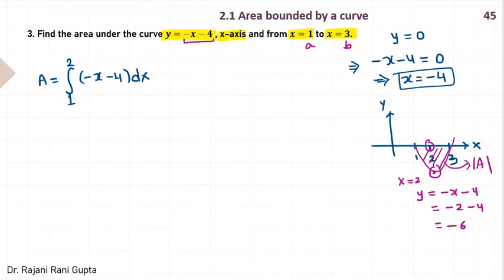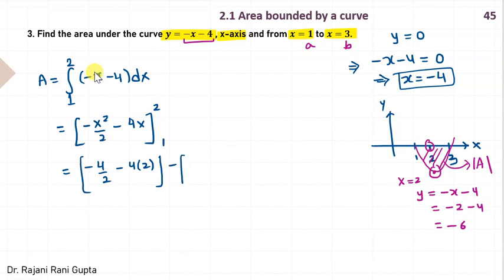Okay, so let's solve this. So this gives you minus x square over 2 minus 4x from 1 to 2. Okay, means your area will be, substituting the value, minus 4 over 2 minus 4 into 2, and then minus of minus half minus 4.